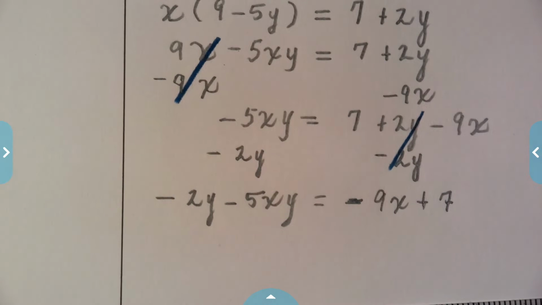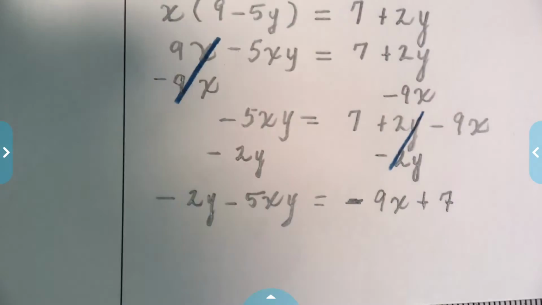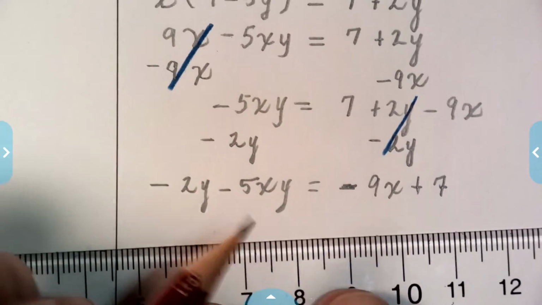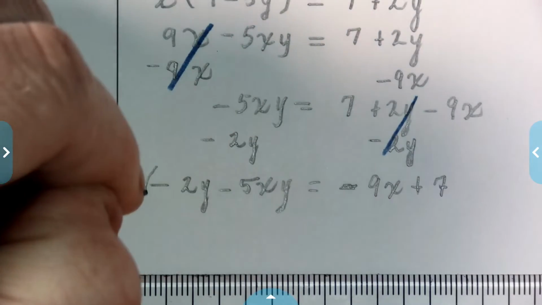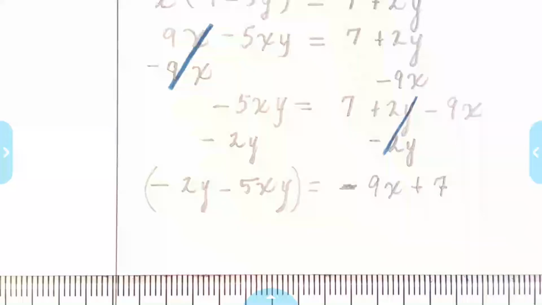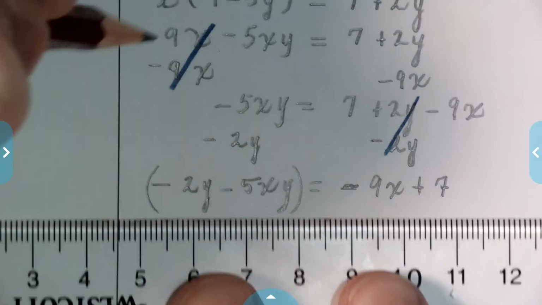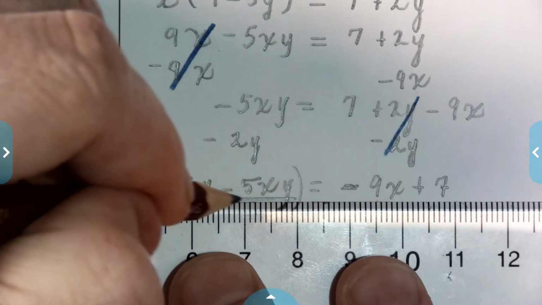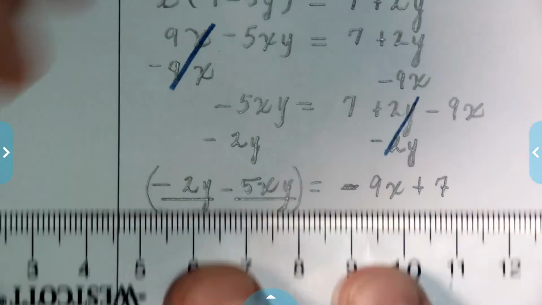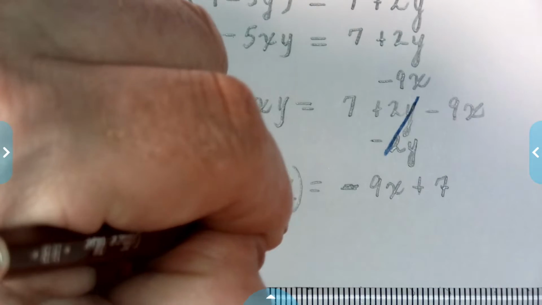Okay, so now we can just pull the y out. What I mean by that is we can think of this as being encapsulated in parentheses, and I can pull out of both of these terms a y.